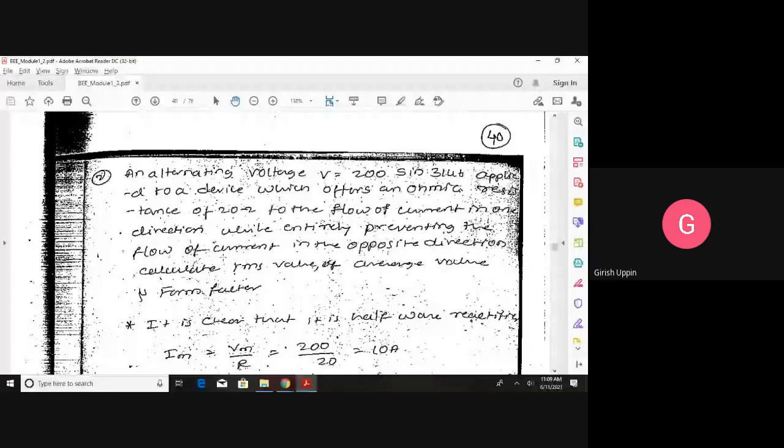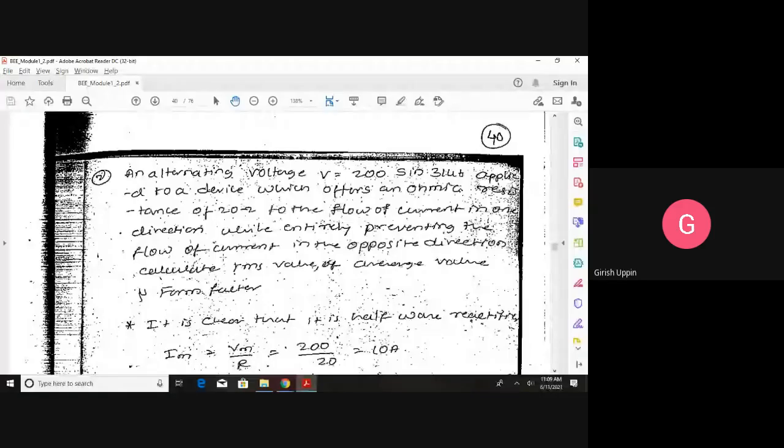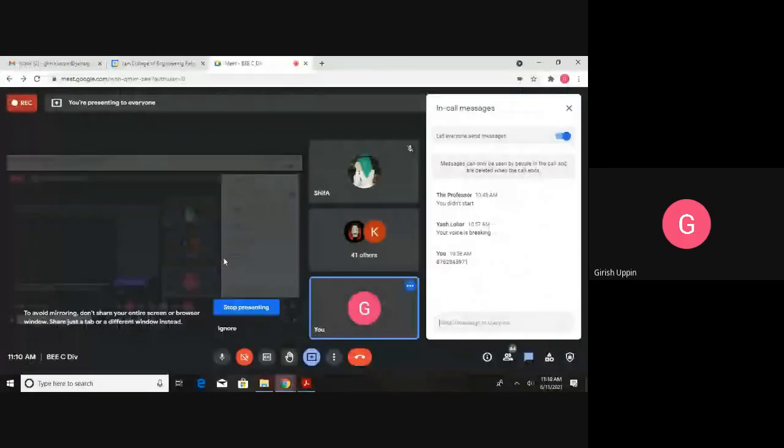So can you imagine what device they are talking about? What is this device which allows current to flow in one direction and completely stops the current in the other direction? Diode. Diode. Very good, Prashant. They just put the question in different forms.